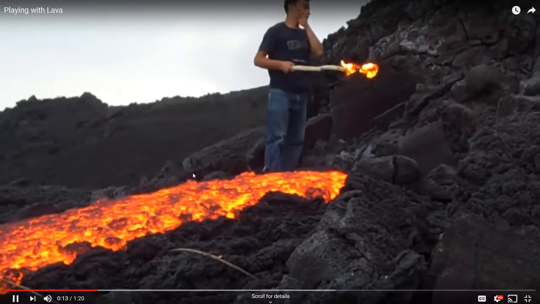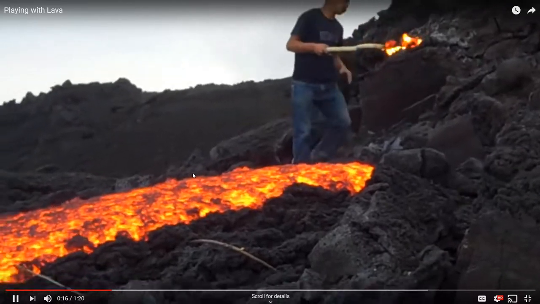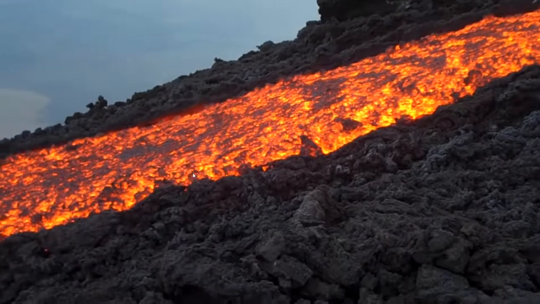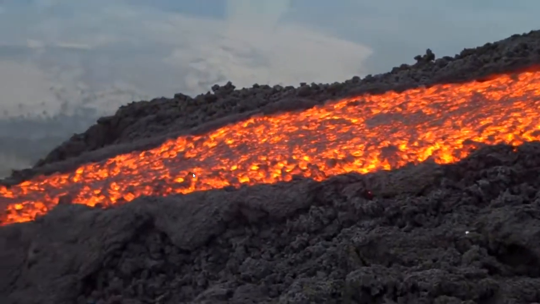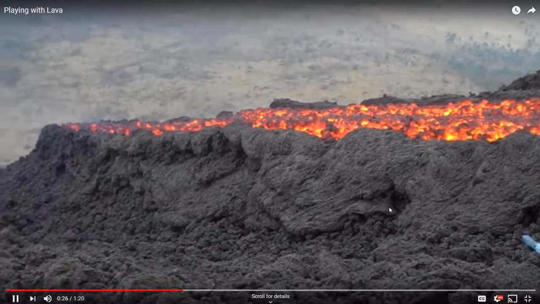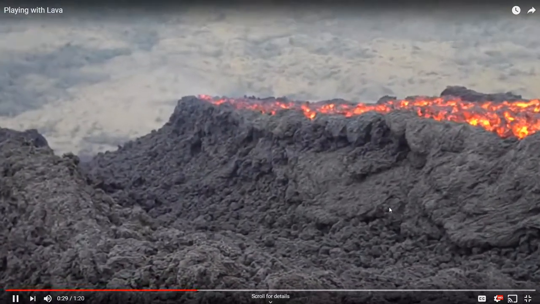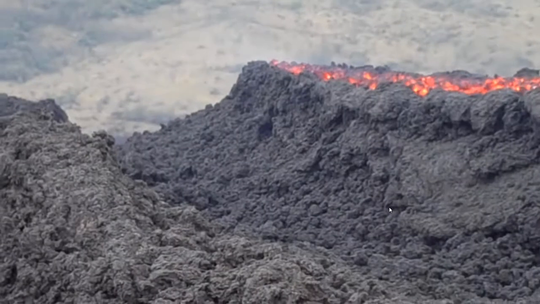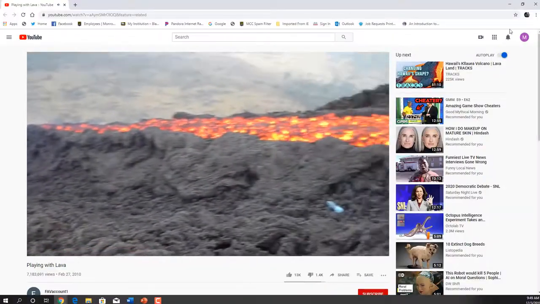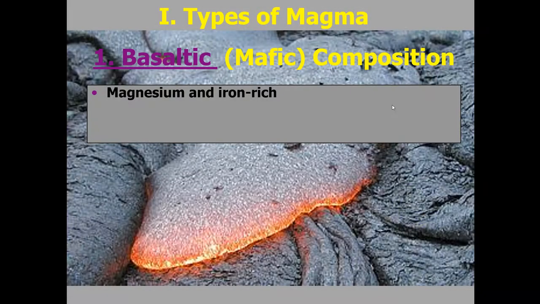You can see a person very bravely putting a stick in there. You can also see how very close he is to this lava flow. You can see this lava flow is progressing very steadily. There's some trash over some older basaltic lava flows, but it doesn't particularly seem like people are really worried about their safety in this video, and that's important for today.